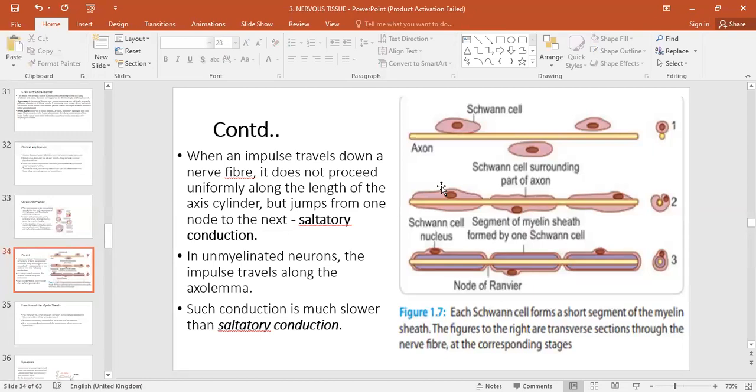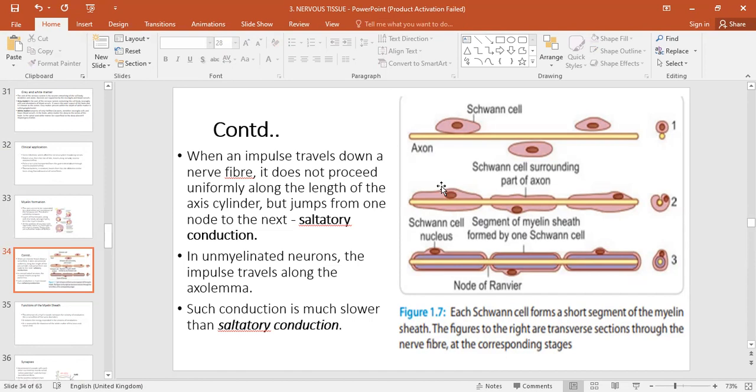It's only large axons. Small axons are not myelinated. Large axons are myelinated to speed up transmission. So large axons are faster transmitters, whereas small axons are slow transmitters.